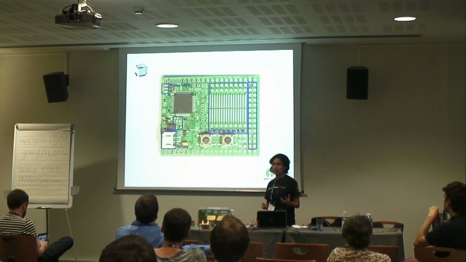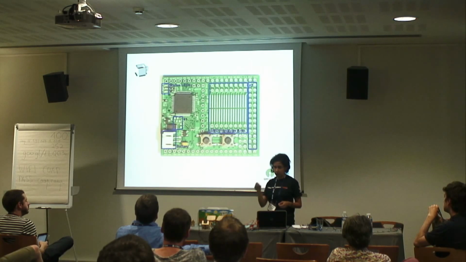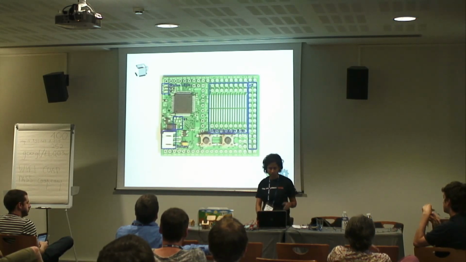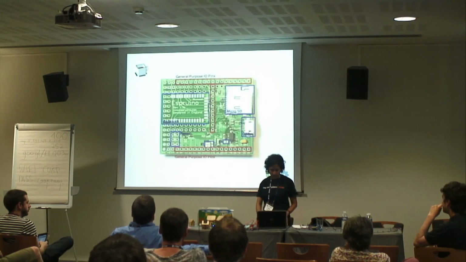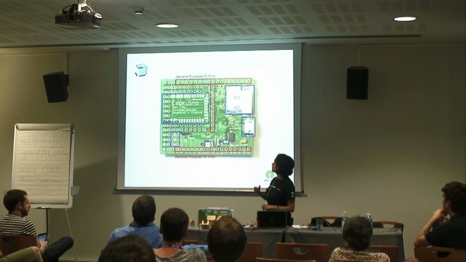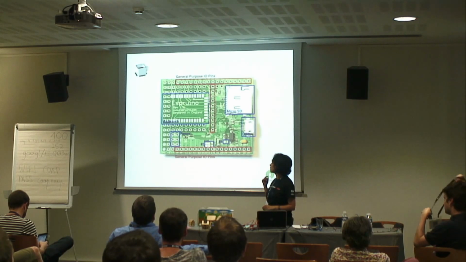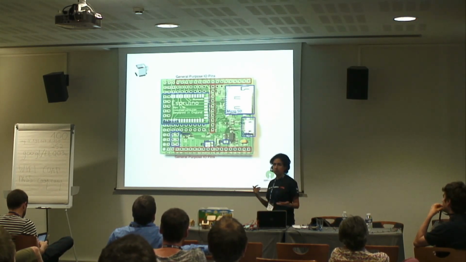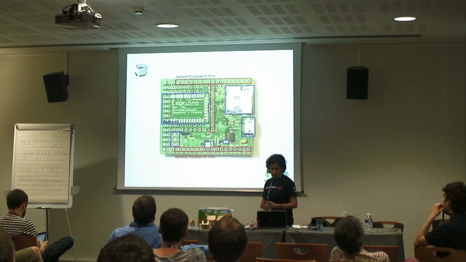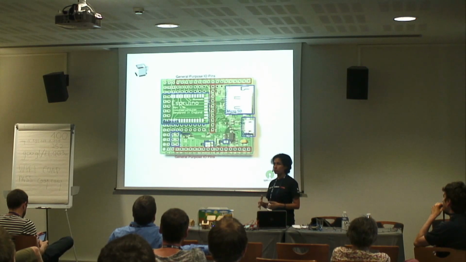It doesn't take shields and things like that, so you just connect things up through pins or a breadboard. On the back, it's more interesting. You can see it's got micro SD, general purpose pins, USB, and Bluetooth. And with the pins, of course, you can do things like SPI and I2C. The whole board is also open source hardware, so you can go have a look at the code on GitHub.